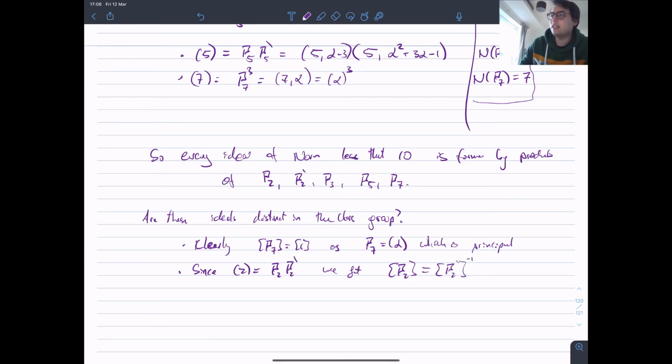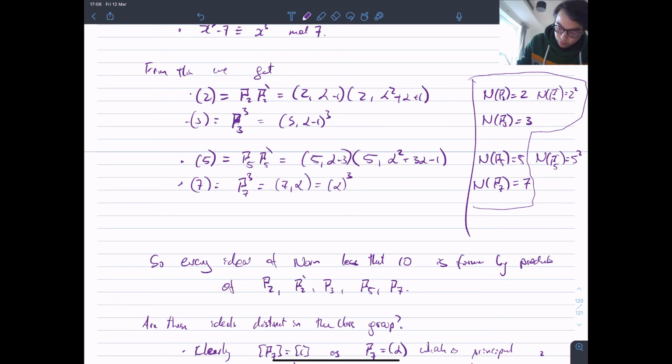So we have this sort of equality. If you take classes, put square brackets on all of this, this equality tells you that this is P2 primed. So just, this is a group, move it to the other side, you get this equality there. Maybe I'll just copy this.